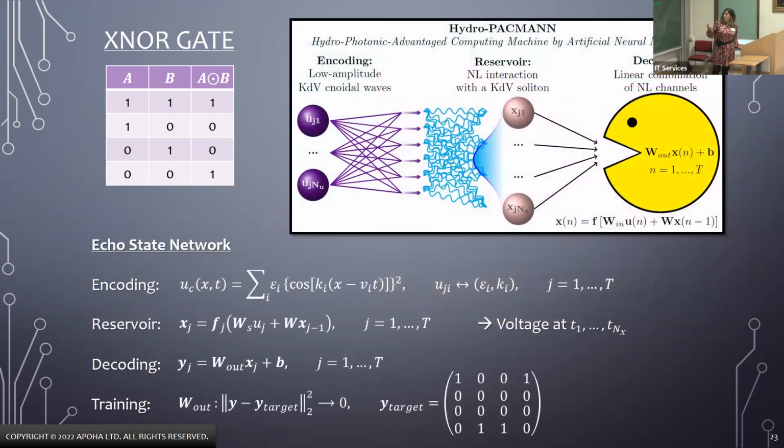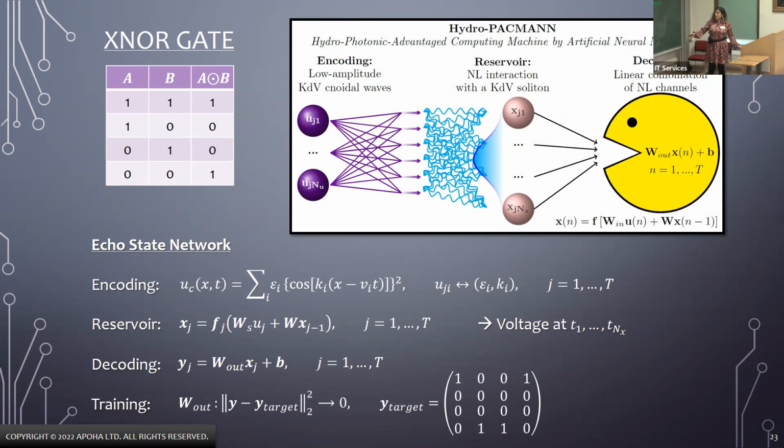So again, the encoding I told you, the reservoir will give us as output voltage or intensity peaks. Here we consider voltage because we're using a photodiode, but it's a matter of how you want to build your physical system for the detection. So let's say voltage, but it's the same as the intensity patterns I showed you before.